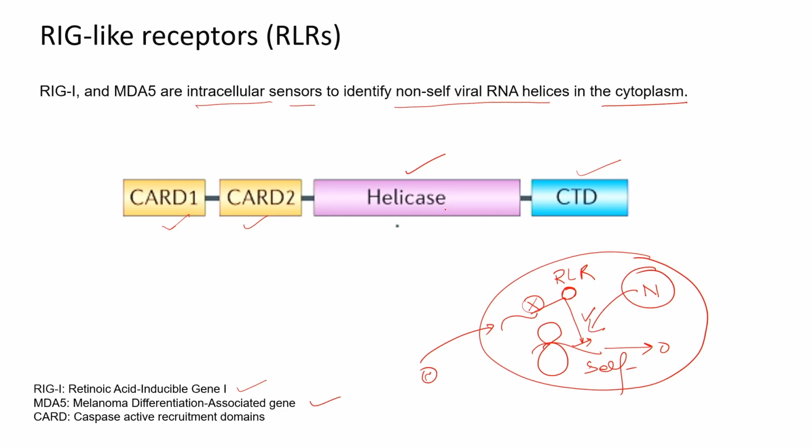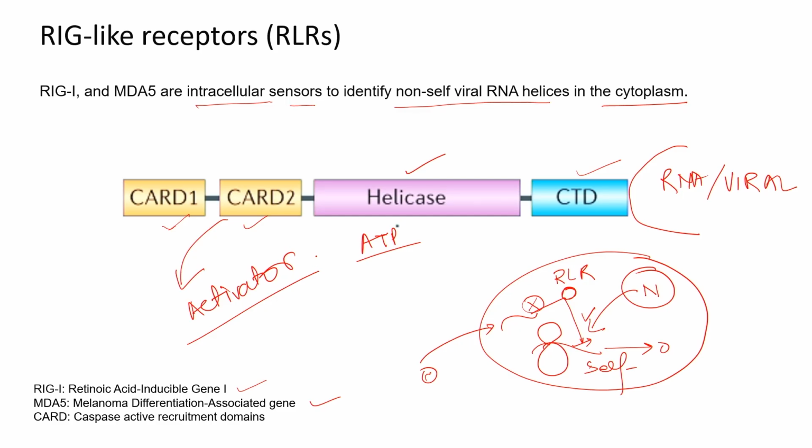They have a helicase domain which can actively do helicase activity by utilizing ATP. So this is an active process, and then the C-terminal domain can link with the specific RNA that's coming from outside, and most of the time this is a viral specific RNA, which we will see in the next slide. And these are the CARD domains which are present on the cytoplasmic side to activate this pathway. So these are activators of this whole process.